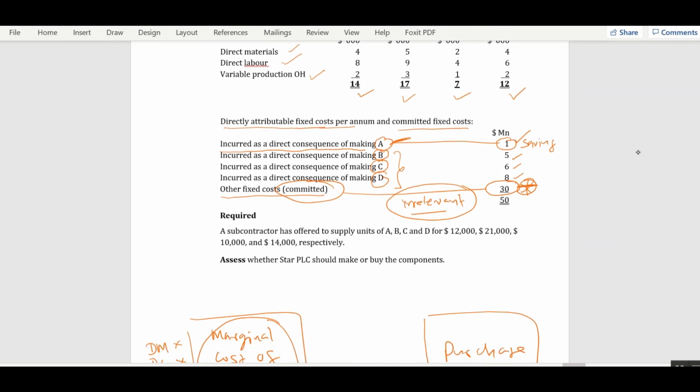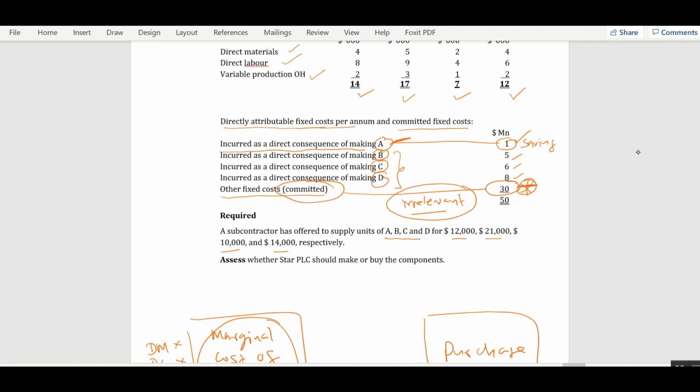Now the subcontractor has offered to supply units of A, B, C, D for 12,000, 21,000, 10,000 and 14,000. Okay, so the supplier is offering these prices.